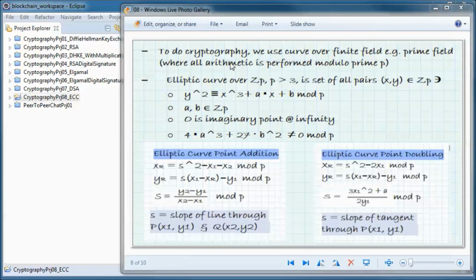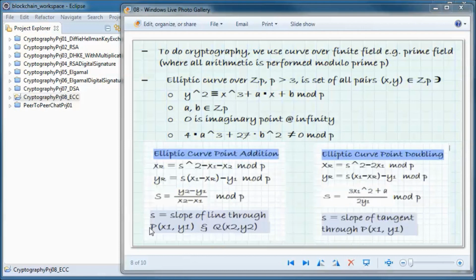Now, to do cryptography, we need to use a curve over a finite field, for example, a prime field, where all arithmetic is performed in mod prime number p. So an elliptic curve over Zp, where p is bigger than 3, is the set of all pairs x, y in Zp such that y squared is congruent to x cubed plus ax plus b in mod p, and a and b are in Zp, and O is an imaginary point at infinity, and this equation is different than 0 in mod p.